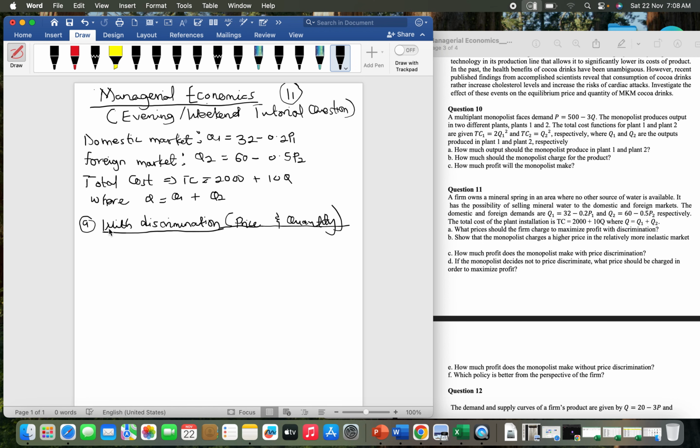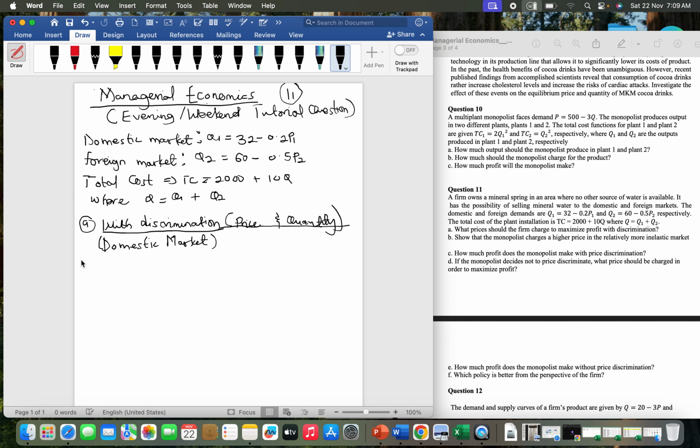So I'm going to solve with discrimination for the domestic market, and also solve with discrimination for the foreign market, because we have two markets in question, and with discrimination we need two prices. So the first one, I'll solve for the domestic market. I'm starting with the domestic market.